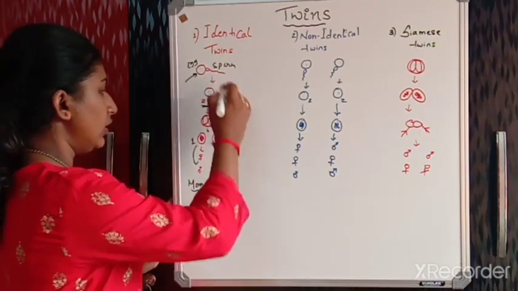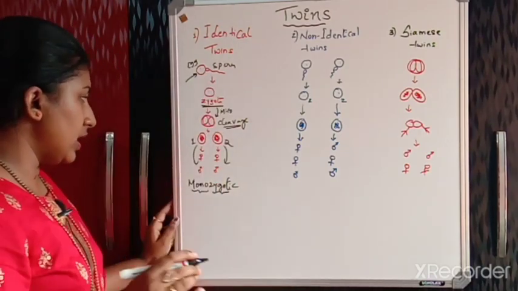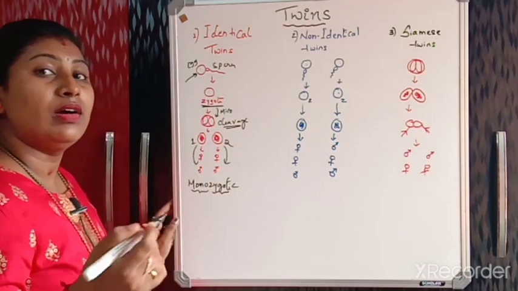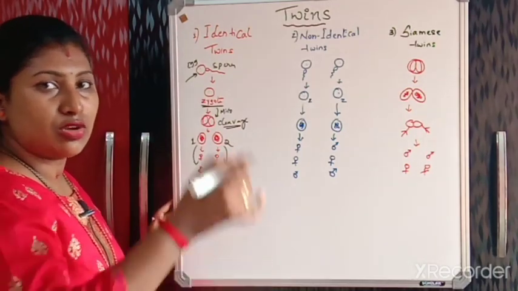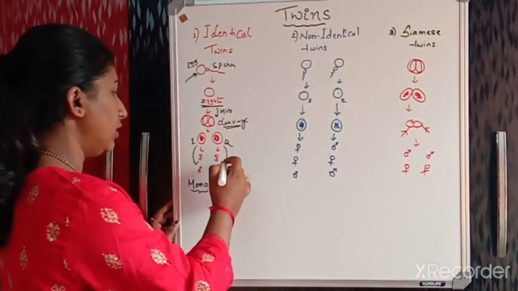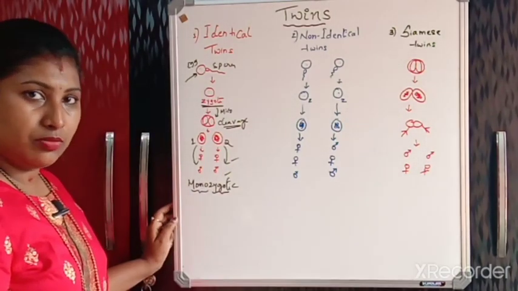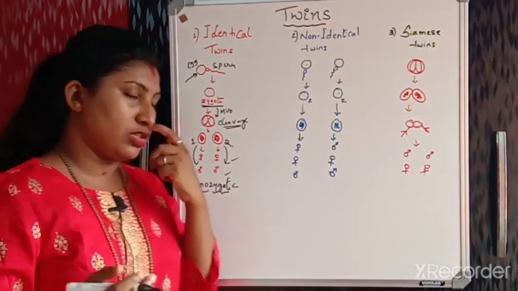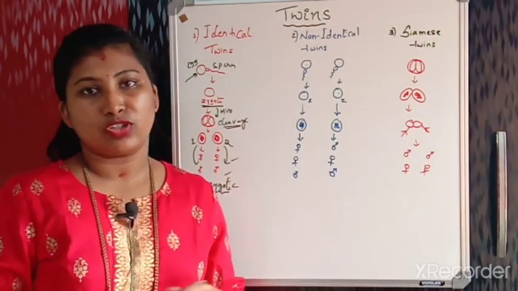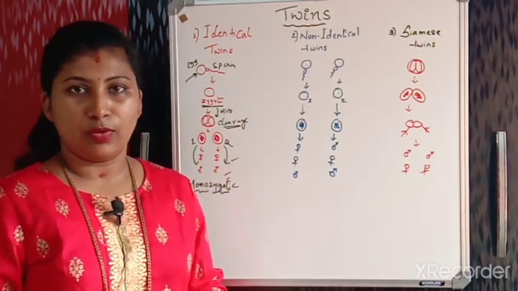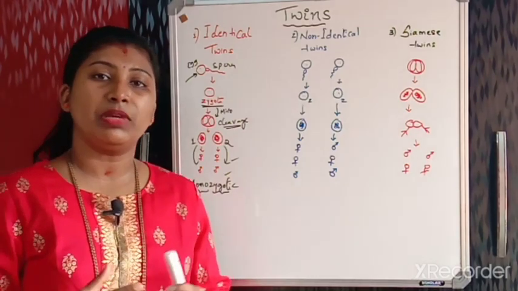The twins formed are of the same sex. Why? Because they share common chromosomes, right? Either both will be female or both will be male. There is no chance of having one male child and one female child. And they are similar.